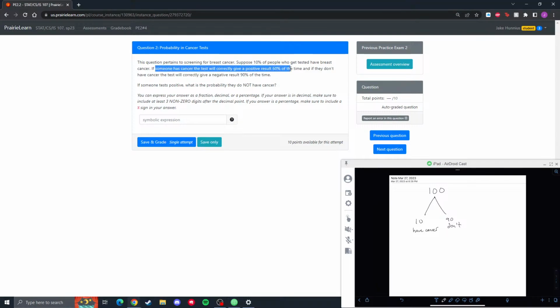If someone has cancer, the test will give a positive result 60% of the time. So we know that 6 of the 10 are going to be positive, and the remaining 4 are negative. And if they don't have cancer, it'll correctly give them a negative result 90% of the time.